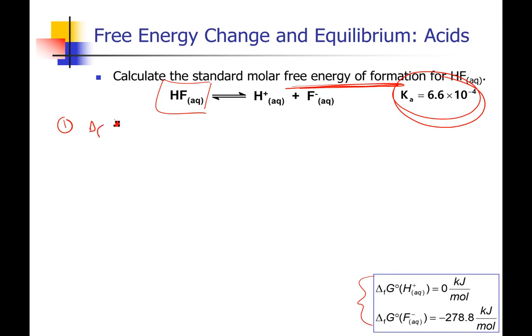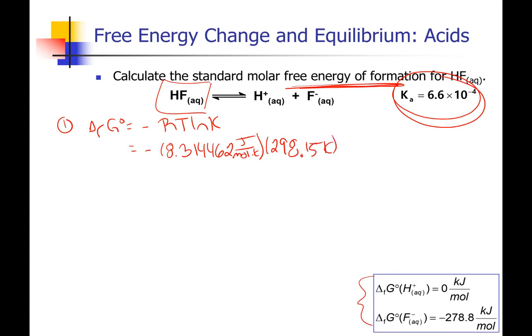So delta G naught is equal to negative RT ln K, or negative 8.314462 joules per mole Kelvin times 298.15 Kelvin, because as with everything else in this chapter, we are talking about 25 degrees C. We were not explicitly told that, except for the fact that we were asked about standard, and standard means 25 degrees C or 298.15 Kelvin, times the natural logarithm of our equilibrium constant, which is 6.6 times 10 to the minus 4. The kelvins cancel out.